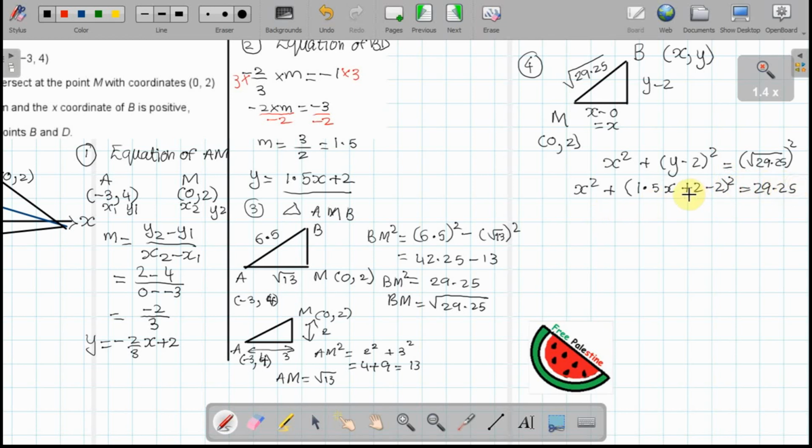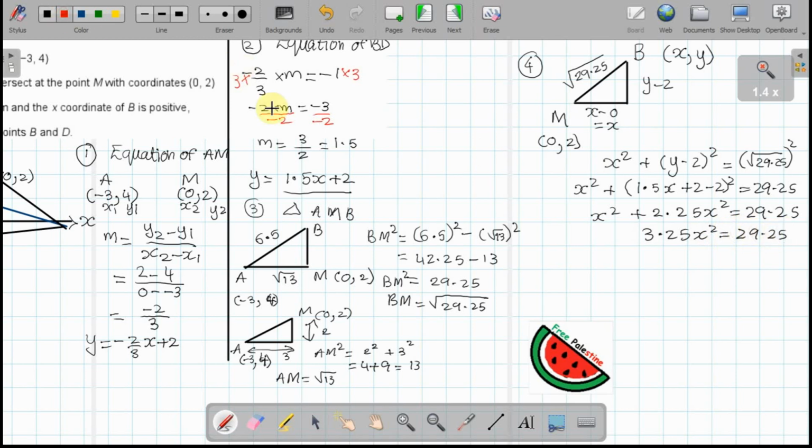Now the plus 2 and minus 2 cancel out. Now 1.5 squared is 2.25. So that would be x squared plus 2.25 x squared is equal to 29.25. So that is 3.25 x squared is equal to 29.25.